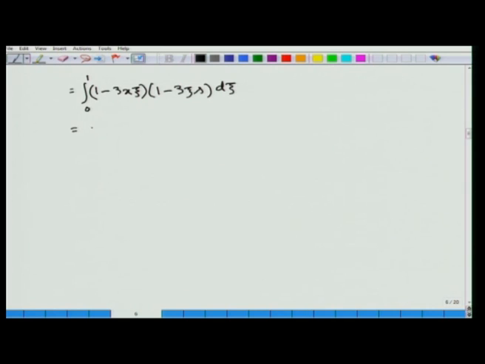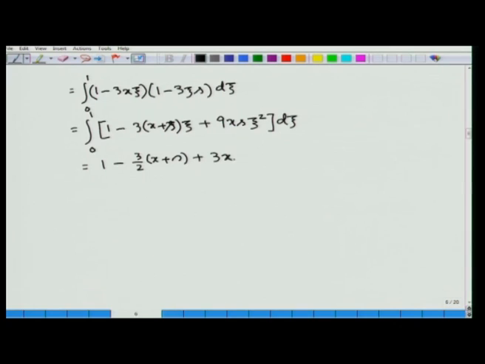So, this is equal to the integral from 0 to 1 of (1 minus 3(x plus s)ξ plus 9xsξ²) dξ, and after integration we can find this will be equal to 1 minus (3/2)(x plus s) plus 3xs, this will be the result.